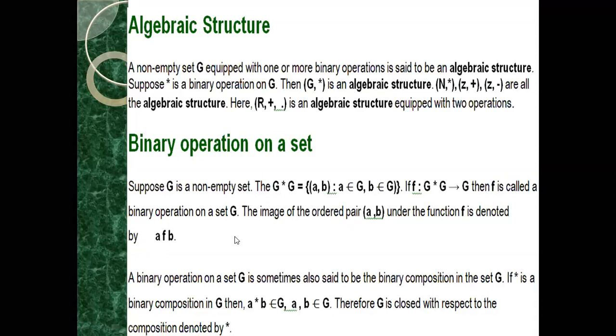A binary operation on a set G is sometimes also called a binary composition in the set G. If star is a binary composition in G, then a star b belongs to G for all a, b in G. Therefore G is closed with respect to the composition denoted by star.